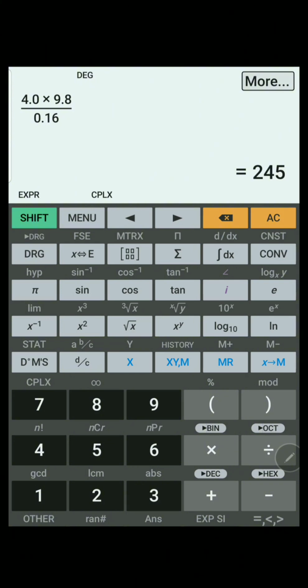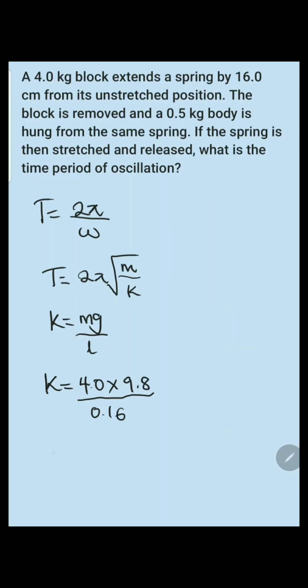The answer we are getting is 245. All right, so 245 is our spring constant. So k is equal to 245 newtons per meter.